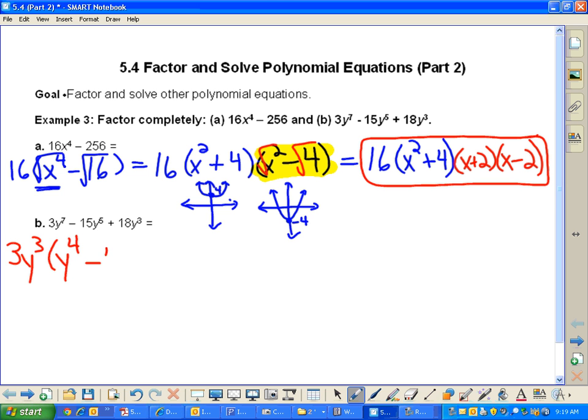Well, I need a 5 to get me back to 15 because the product of 3 and 5 is 15. And then I actually need 2 more y's to get me back to y to the fifth. Again, you're kind of subtracting, not multiplying. And then we have 3y cubed times 6 will get me back to 18y cubed.